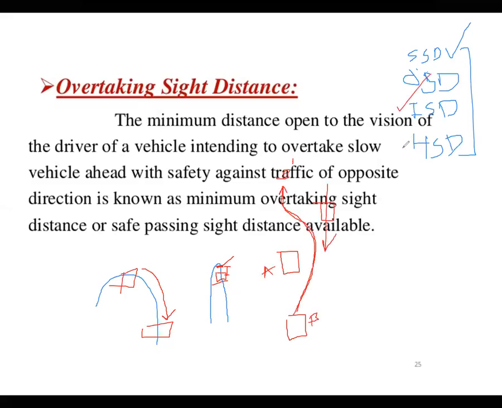Then another is the intermediate sight distance and headlight sight distance. So the minimum sight distance, or the minimum distance open to the vision of the driver of a vehicle intending to overtake a slow moving vehicle ahead with safety against the traffic of the opposite direction, is known as minimum overtaking sight distance or safe passing sight distance. Which is the slow moving vehicle? This A vehicle.